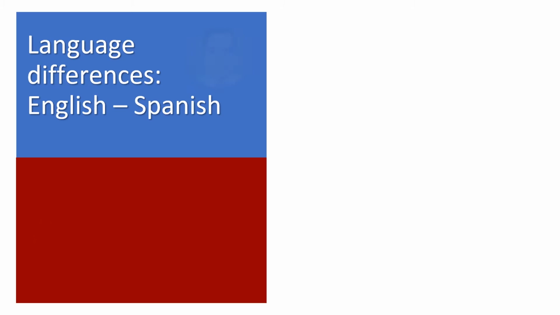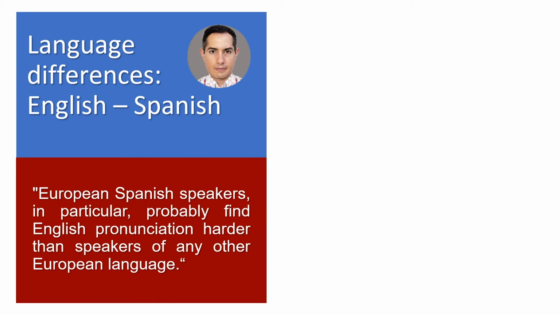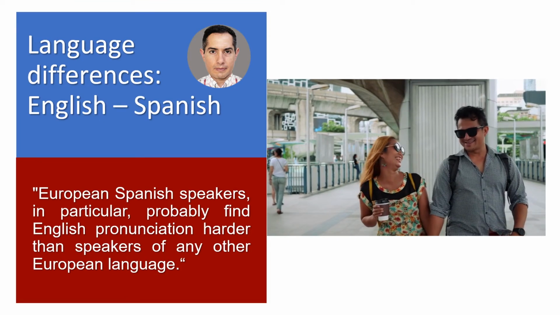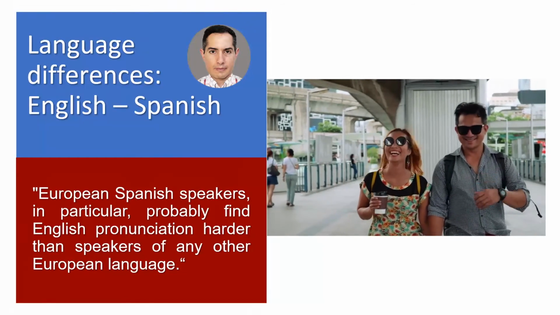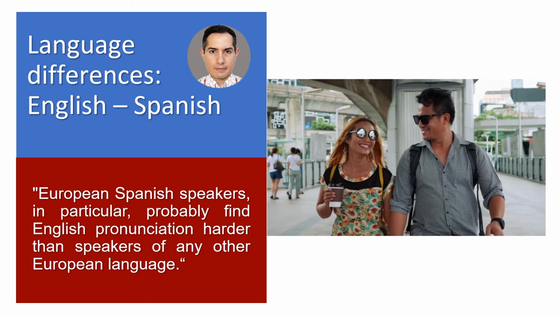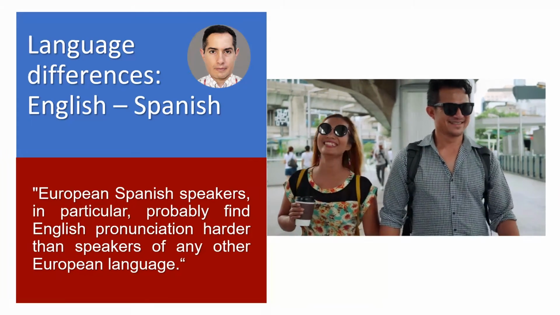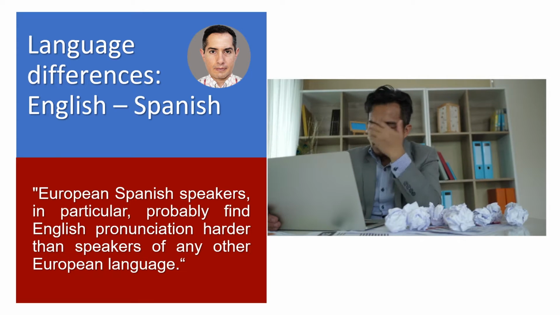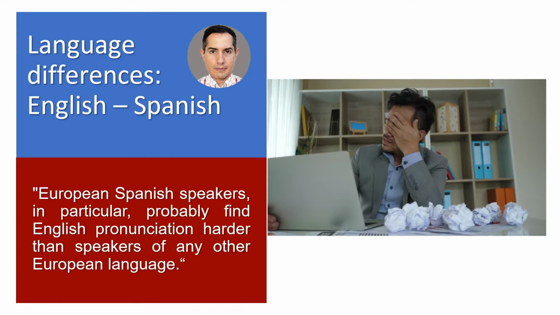Let's talk a little bit about phonology. The phonological system of Spanish is significantly different from that of English, particularly in the aspects of vowel sounds and sentence stress. These differences are very serious obstacles to Spanish learners being able to acquire a native English speaker accent.